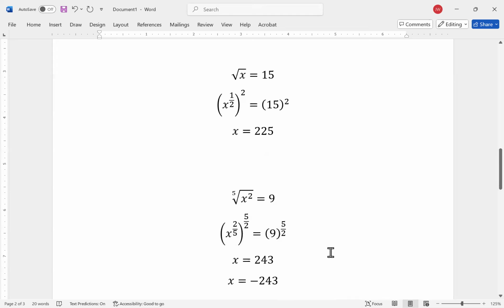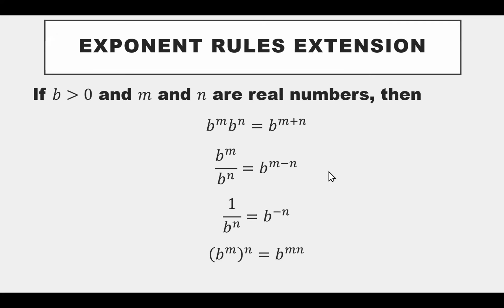Hopefully that all makes sense. The big finding was that exponent rules work in lots and lots of situations. Anytime b is a positive number and m and n are real numbers, then these rules work.